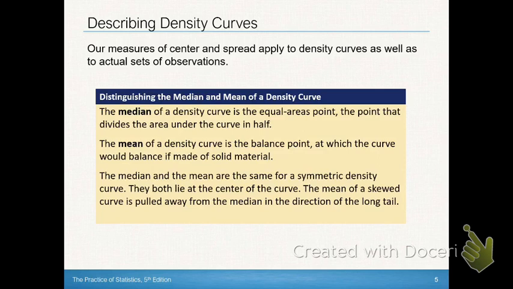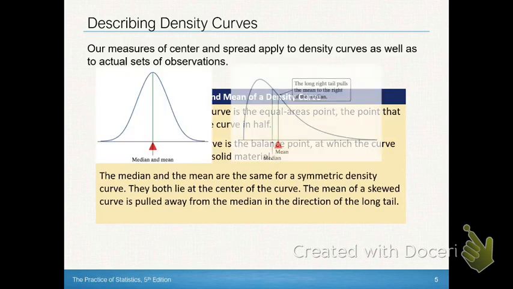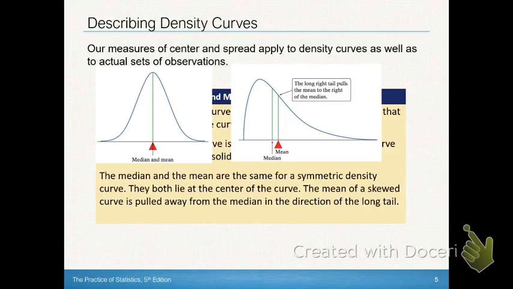If your data is skewed to the left, that means your mean gets pulled to the left or it becomes a little bit smaller. So here are some pictures. The density curve on the left is symmetric, so the median and the mean are in the same location, whereas the density curve on the right is skewed to the right, and that balance point or that mean gets pulled a little bit towards the right.